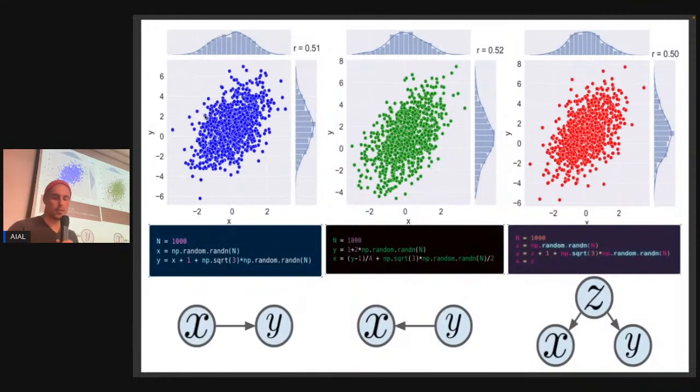What do we mean by that, that multiple models can explain the same data? Here we have a kind of intuitive example with code. On the top, we have a Gaussian distributed random variable. It's a multivariate Gaussian. You see the actual scatter plot, and you see the marginal distributions on the x and y axis.